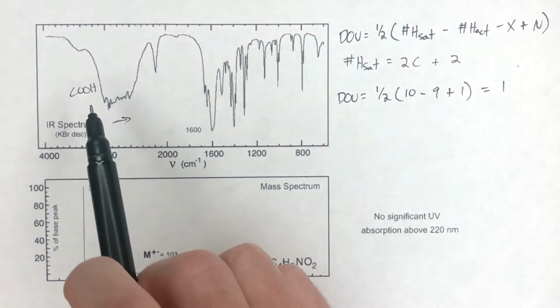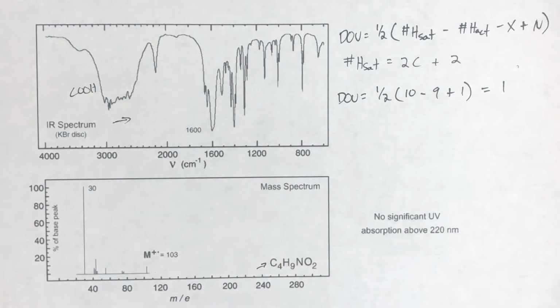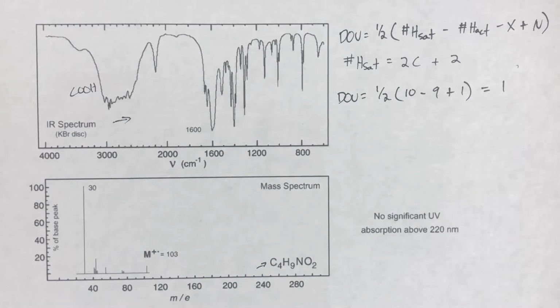But it will overlap more significantly with the sp3 CH stretching that occurs around 2,900. It will overlap more than a free alcohol will. A free alcohol will have a more smooth peak that is easily distinguishable from the sp3 CH stretches, but for a carboxylic that is not the case, so this is suspected to be a carboxylic.